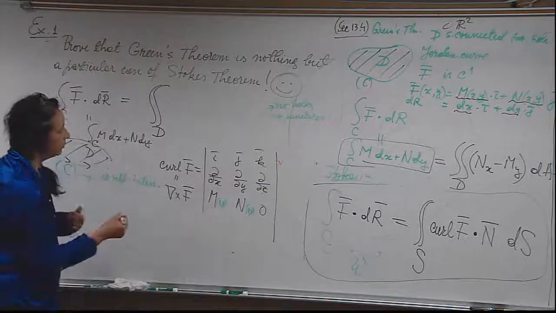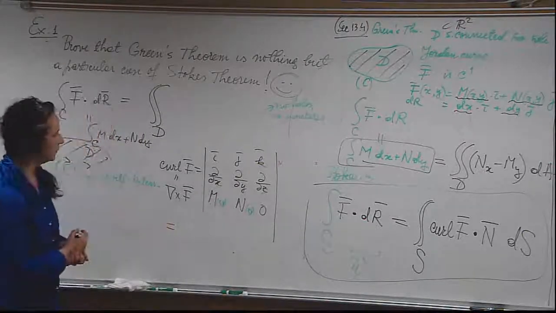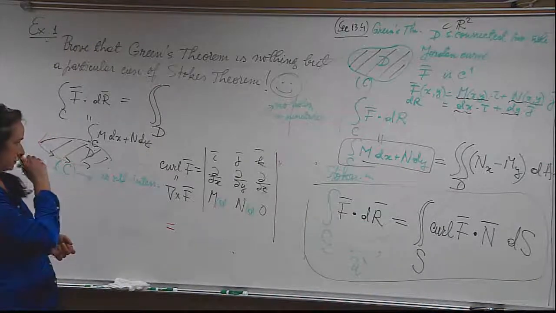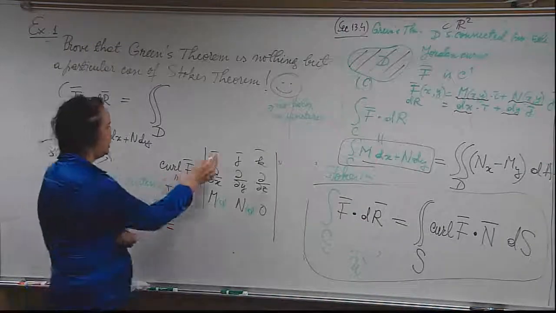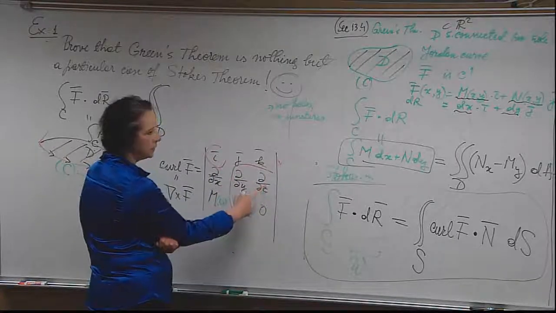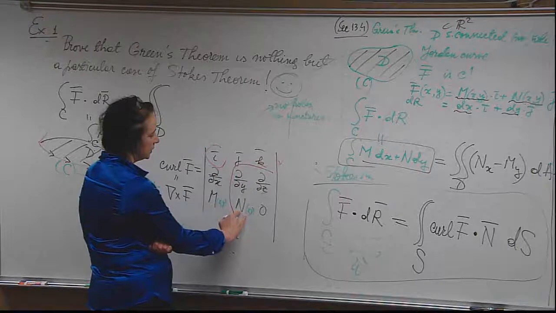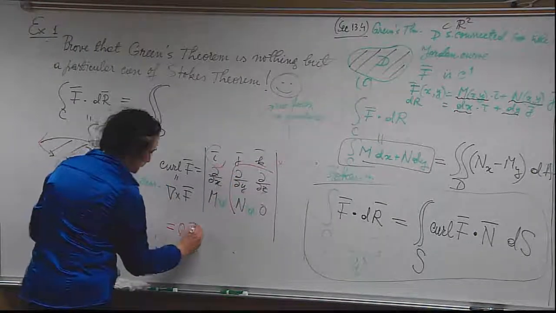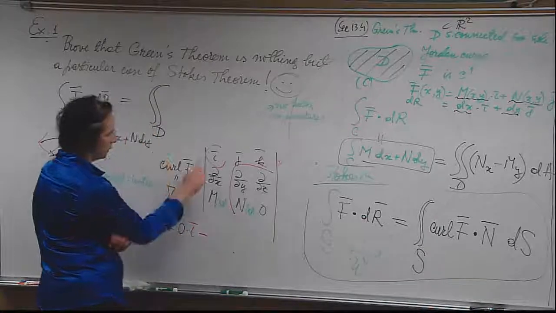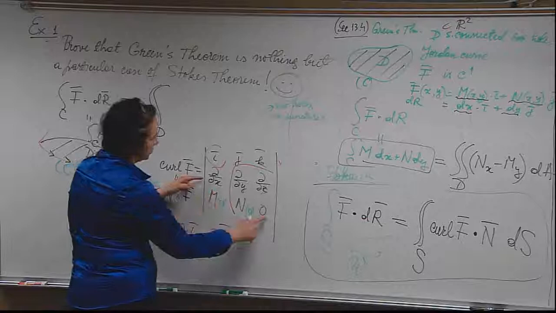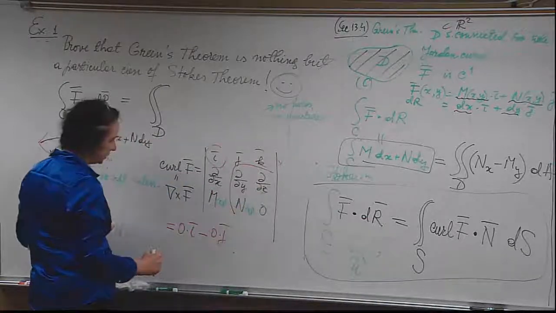And what do I get in this case? There's N is minus... i times this guy. How much is this guy? 0. Why is that 0? Because this contains no z, and the derivative with respect to z is 0. So 0i minus 0j, because it's 0 minus something that doesn't depend on z.